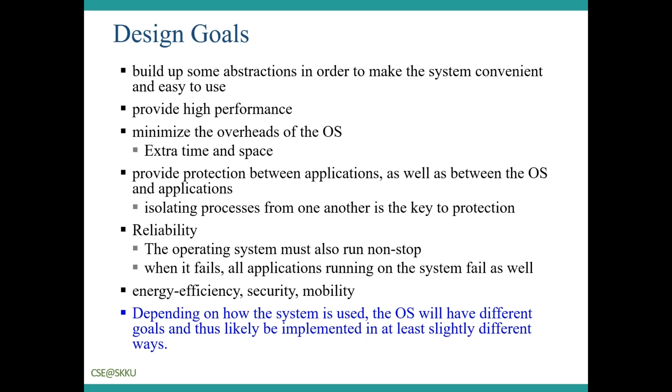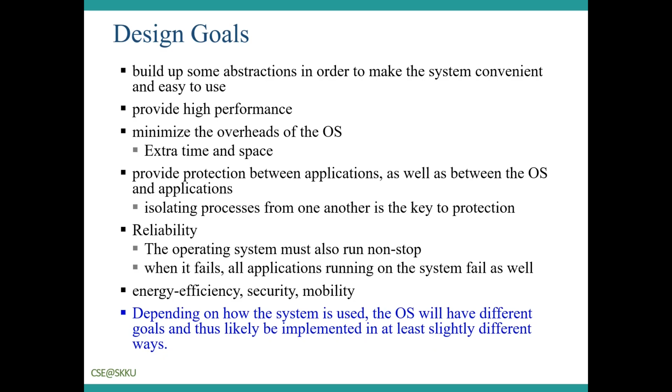That's where the idea of isolation comes in. By keeping processes separated from each other and from the operating system, we can keep things safe and stable. This idea of isolation is at the core of what an operating system is all about.